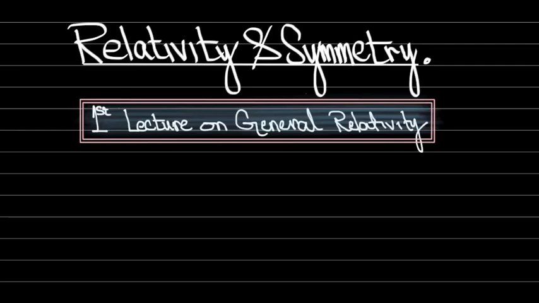Now, to start with, the first lecture on general relativity is going to be on some of the tools that are required to understand general relativity, and we will be using these tools later on. First of which is symmetry, and we will talk about vectors, dual vectors, tensors, types of tensors, and so on.